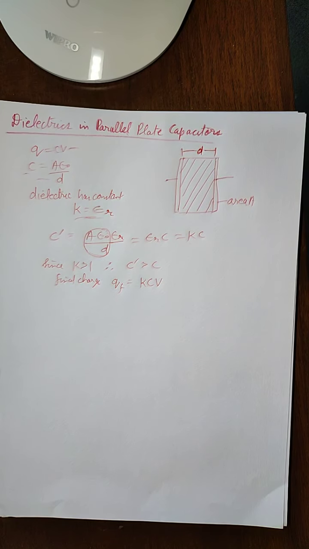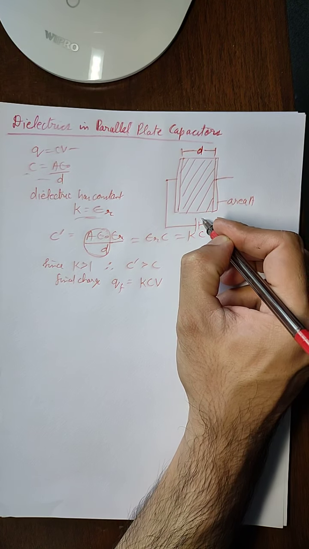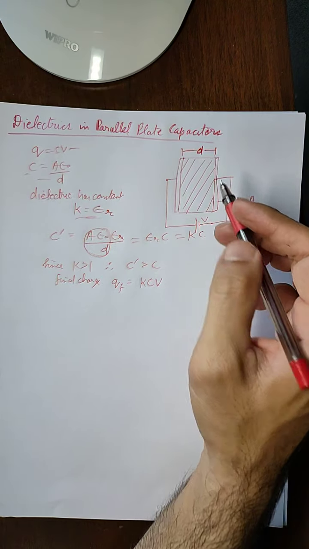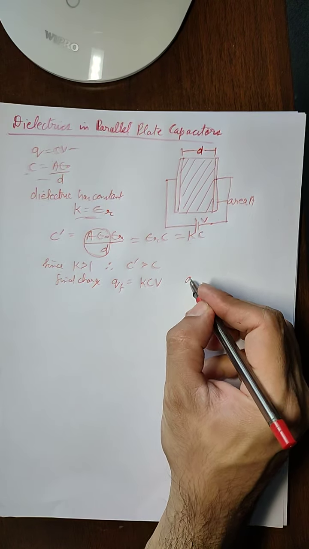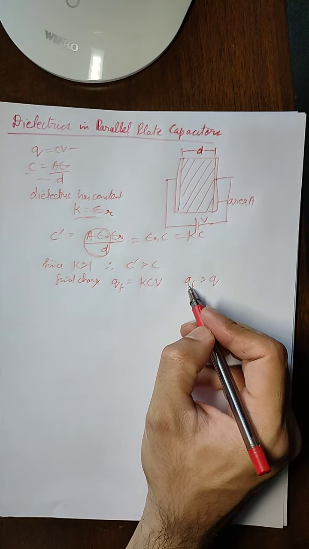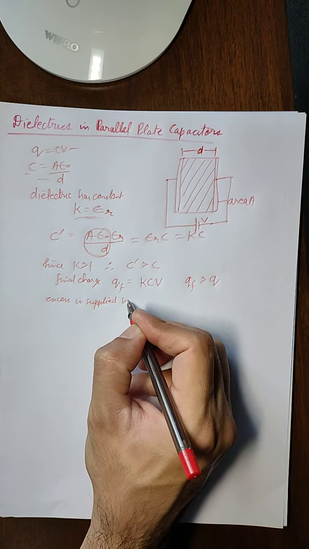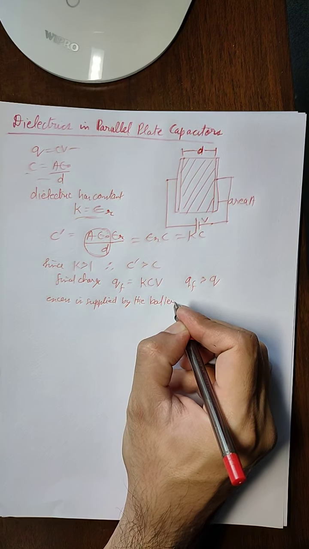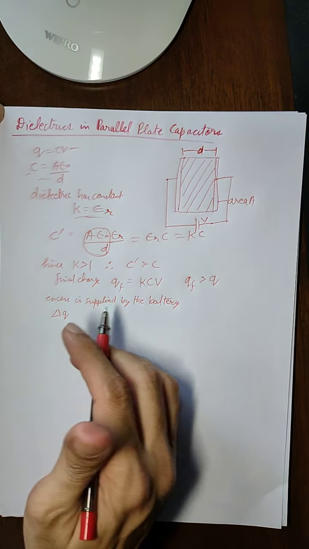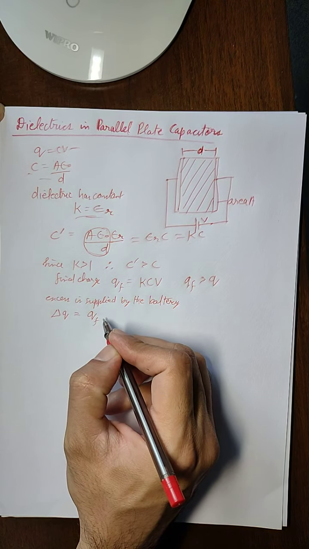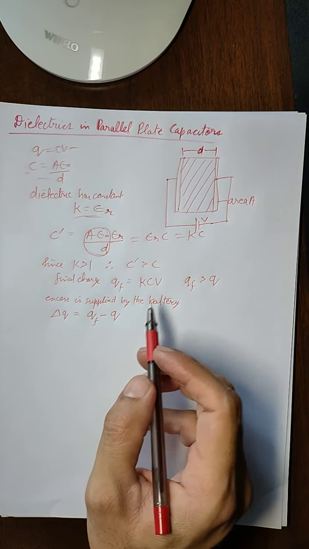Now this means that due to the dielectric, some more charge has to flow from the battery. If we connect this with a battery of potential V, then after inserting the dielectric between the two plates, the battery has to supply some excess charge, because QF is greater than Q. Let us say this excess charge is delta Q. So how much new charge is supplied is given by delta Q equals the final charge on the plates minus the initial charge Q without the dielectric.